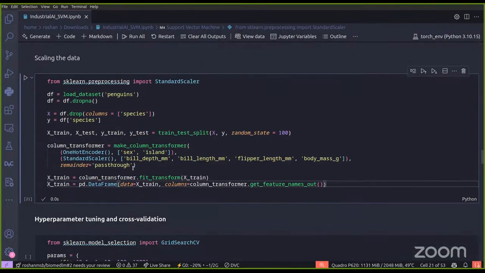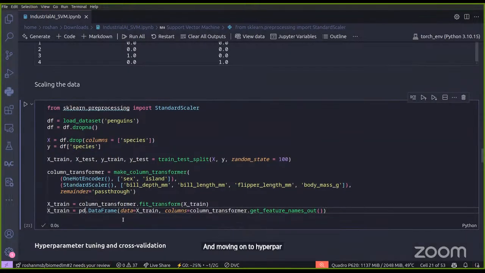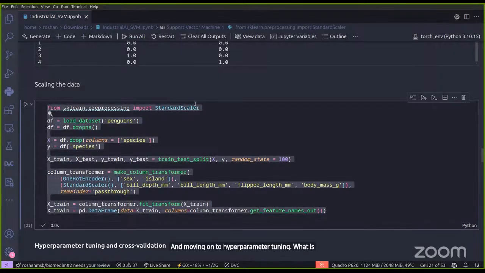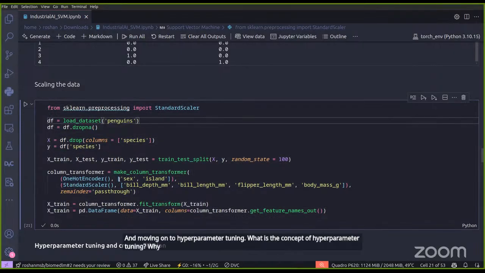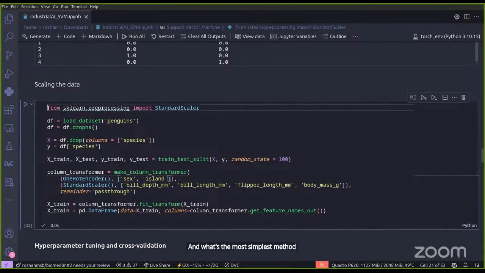And moving on to hyperparameter tuning. What is the concept of hyperparameter tuning? Why should we do it? And what's the simplest method of doing hyperparameter tuning here?